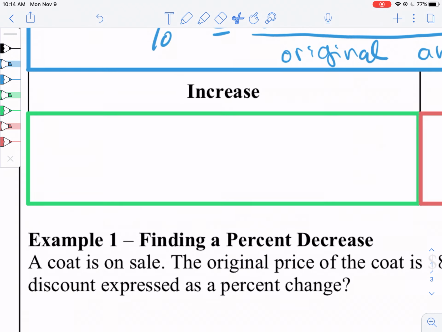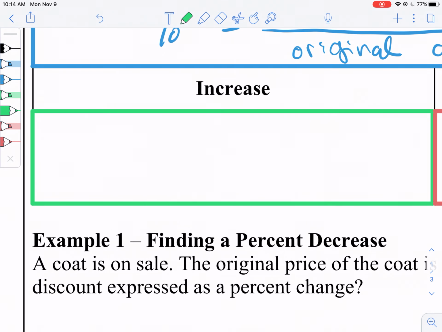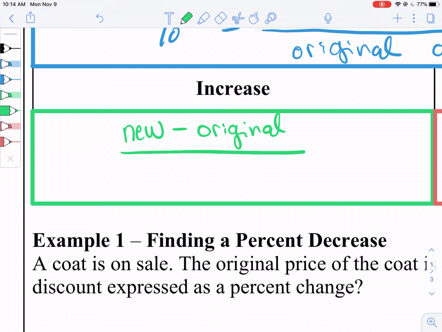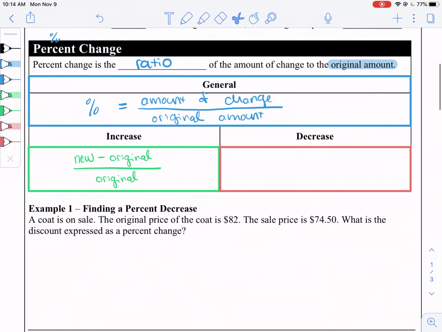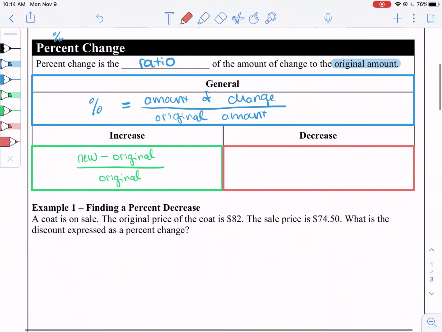So if you wanted to find an increase, it means it got bigger. So you'll take whatever the new amount is, subtract the original from it, and do that all over what the original was. We'll do an example of that second. On the other hand, see if you can predict what a decrease is going to be.